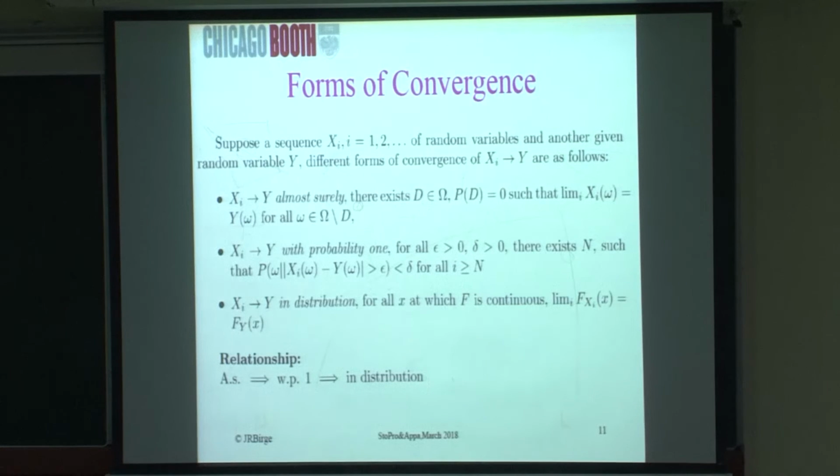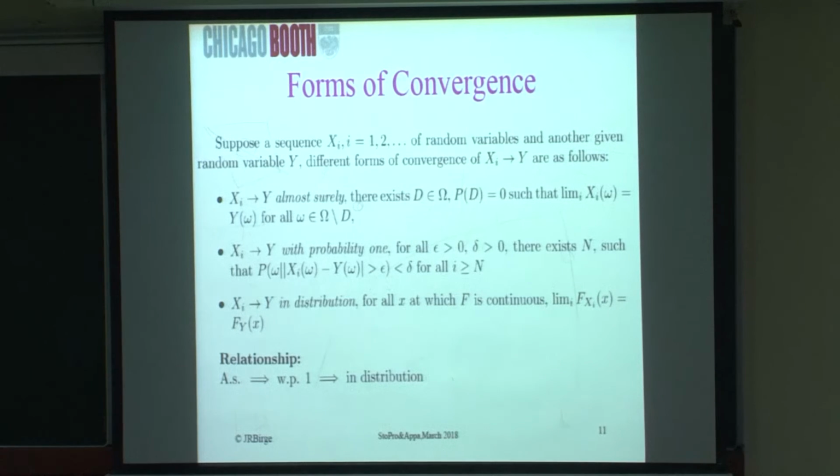And I have them here. I have the tightest one at the top. We say almost sure. Almost sure means that convergence occurs with probability 1. Or in other words, the only place where it can't occur is a set that has absolutely 0 probability. So almost sure convergence is the strongest form of this.